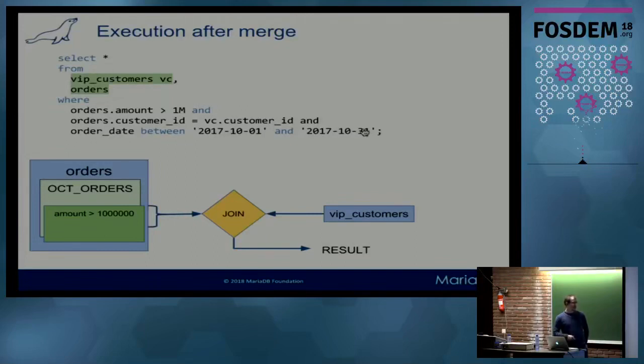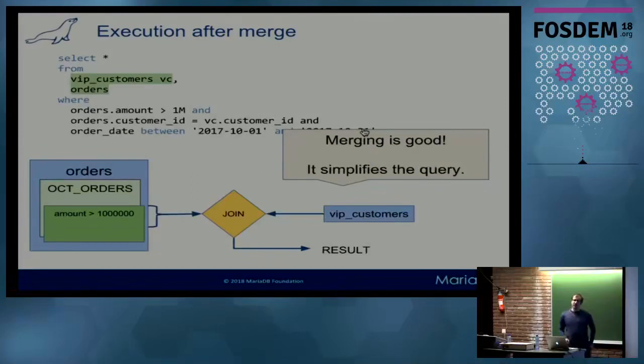Only the intersection of all these conditions will enter the join operation. And then this gets joined with VIP customers. So instead of first computing everything here, we just do one table scan over orders and one over VIP customers. There are some tricks to buffer results, but I'm not going to go into too many details here.